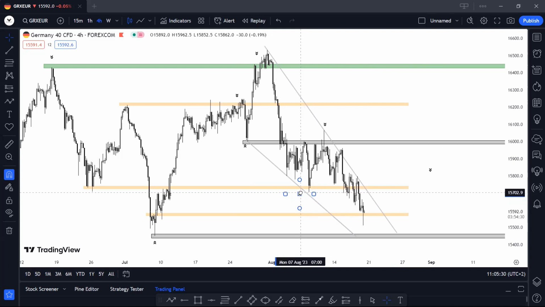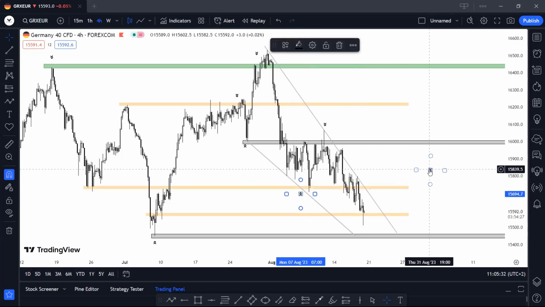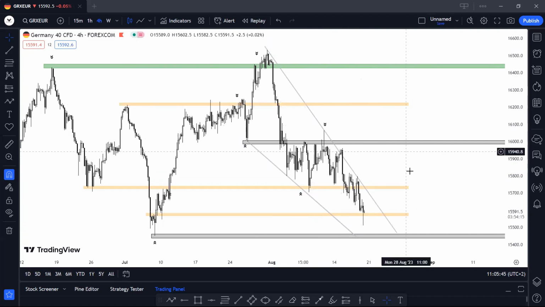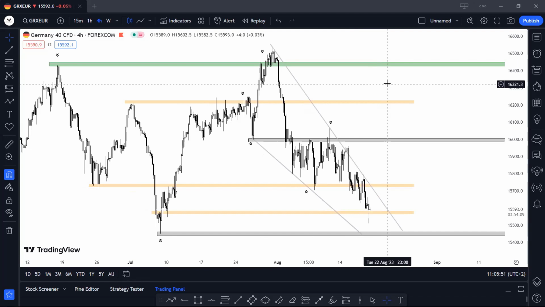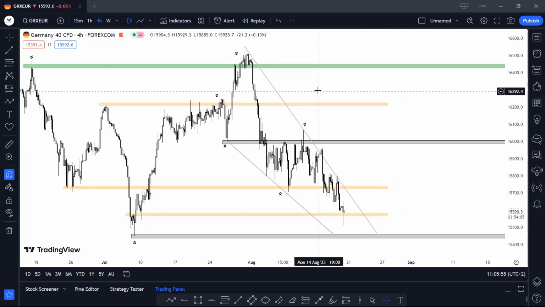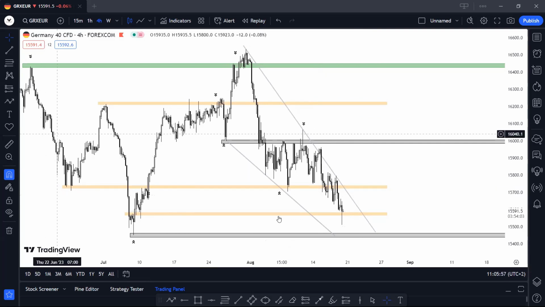It has to be the lowest point, which is right there. And this is something like this from here, lower low, lower high. So yeah, that's why I'm highlighting that. So this is what we have on German40, and we are currently in a bearish market structure.